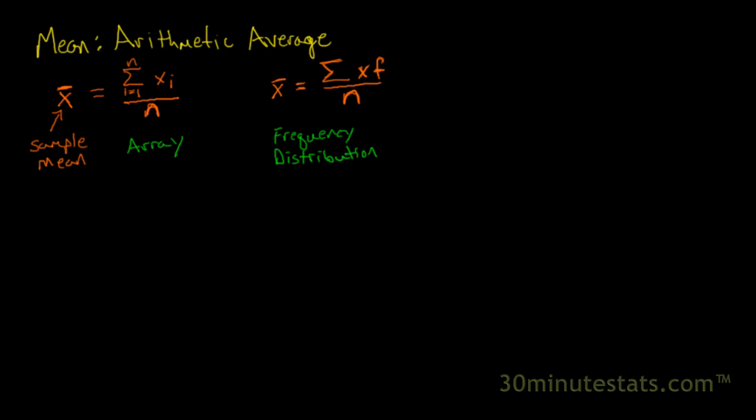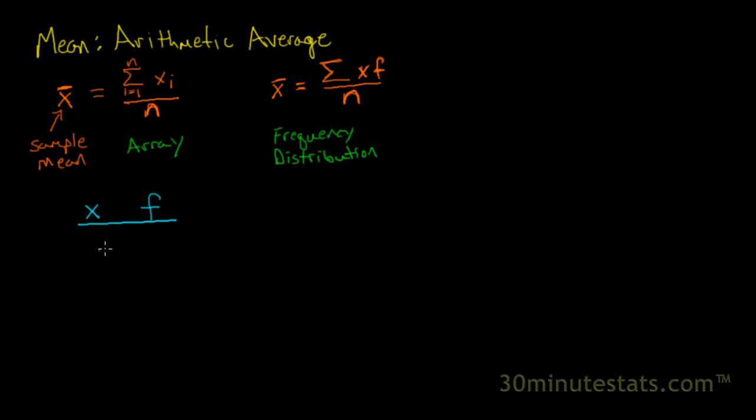And so the easiest way to do this is just to create an example, and we'll show you what we're talking about here. Let's say this variable is x, and we've got a frequency distribution.